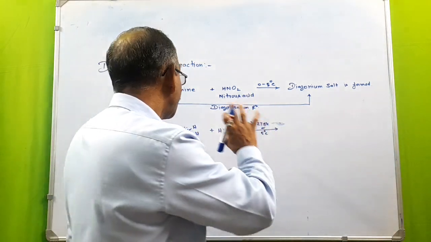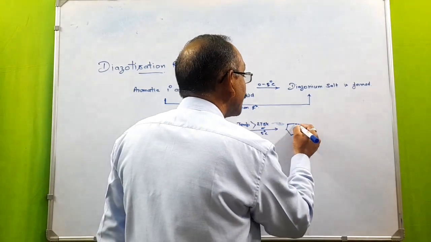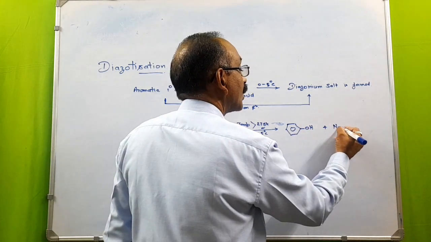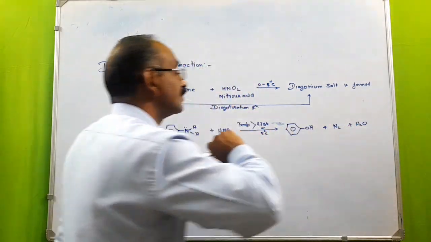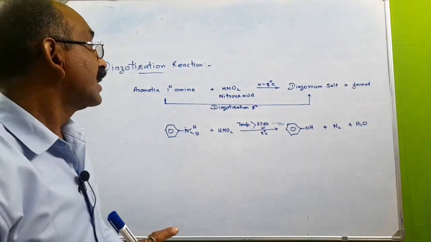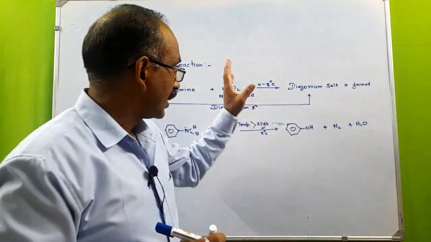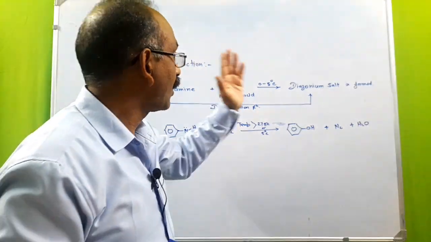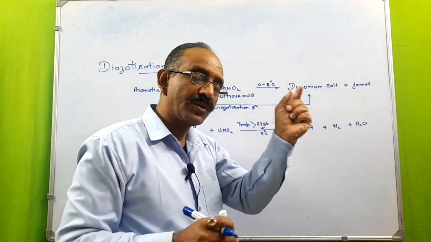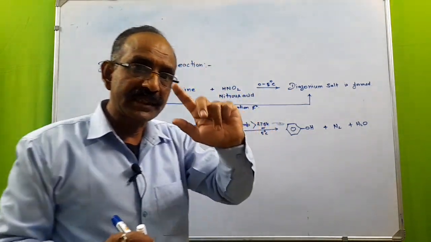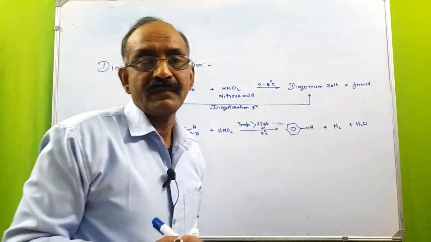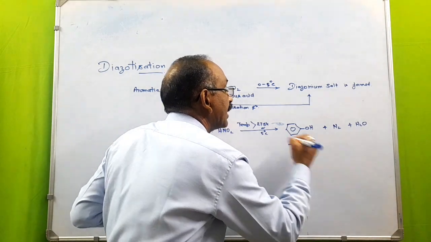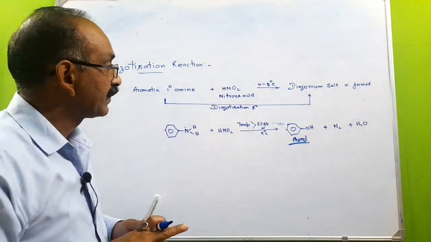Then in this situation, instead of diazonium salt, we will get phenol along with removal of nitrogen. So remember that diazonium salts, even those obtained from the aromatic primary amine, are stable only in the range of temperature 0 to 5 degrees. As the temperature exceeds 5, instead of getting diazonium salt, the aromatic primary amine will form what? Phenol.